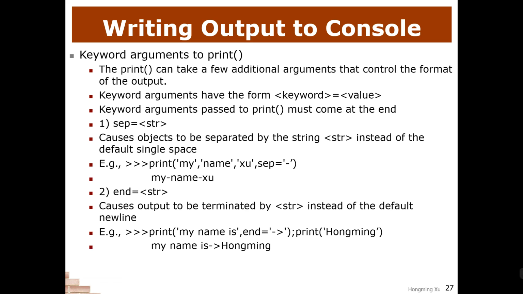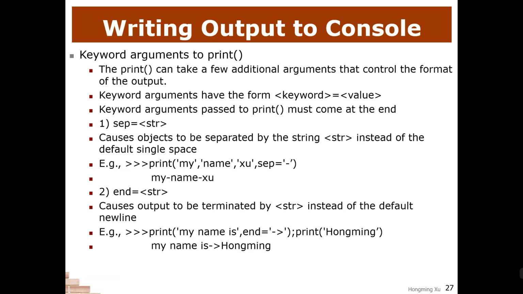Okay, when we use the print function, there are a few things we should notice. First, print can take a few additional arguments that can control the format of the output. Basically, this means you can make finer control of the format for output.